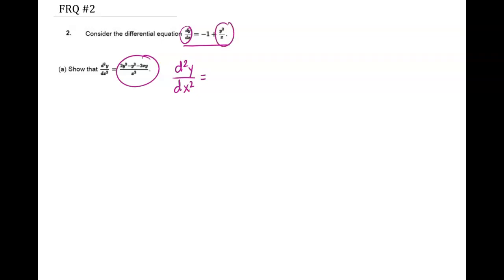And here we have the quotient rule, so we have the derivative of the top, which is 2y dy/dx, times the bottom, minus the derivative of the bottom, which is 1, times the top, which is y squared. And this is all over the bottom, or denominator to be more mathy about it, x squared.